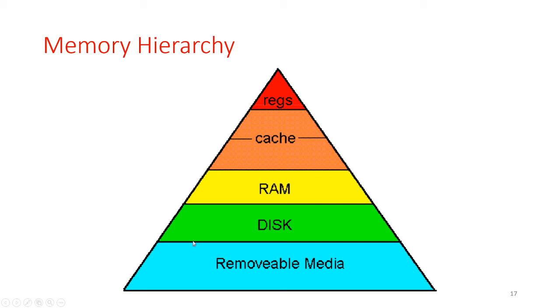Then we can also have storage disk. In a computer, it is common to have a hard disk. Then the RAM is there. Then we can also have a number of cache memories, which we identified in the basic components. Cache memories are attached to the CPU.